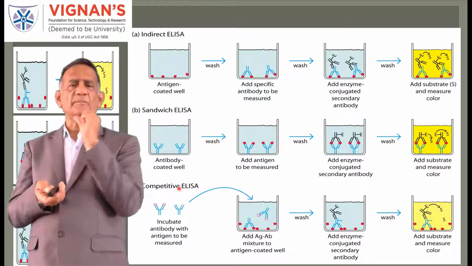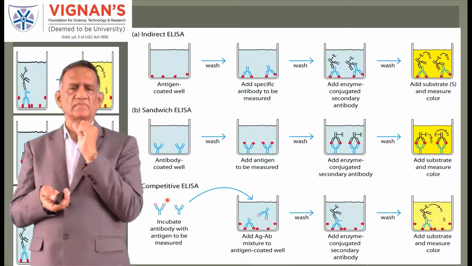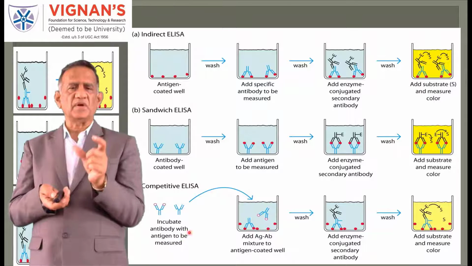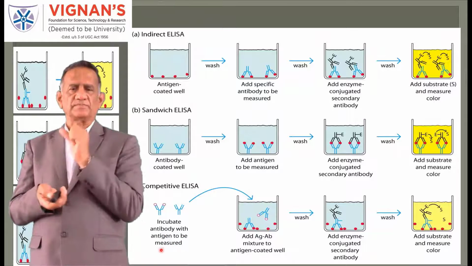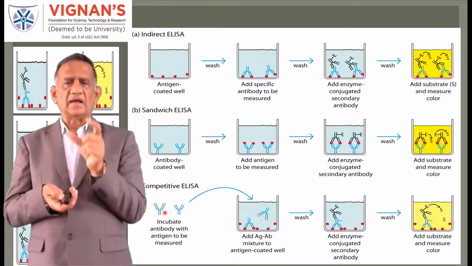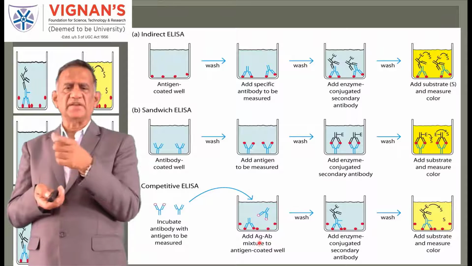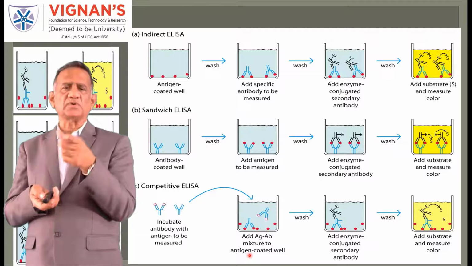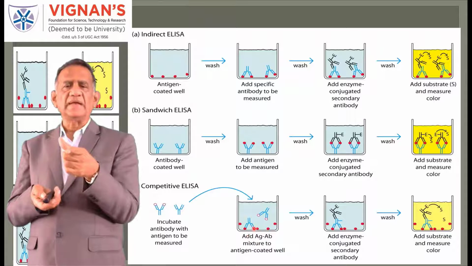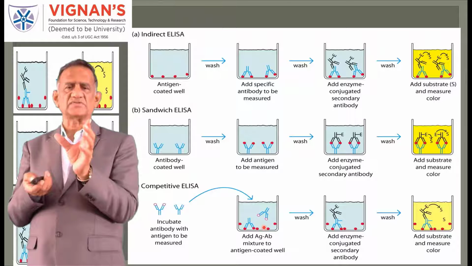It is a little bit complicated, we have to understand. Here we incubate antibody with the antigen to be measured. Then we add the antigen-antibody mixture to the antigen coated well, at a fixed concentration.